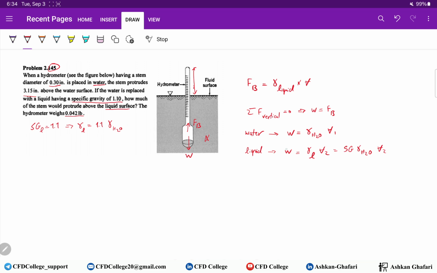Since the weight of the object is constant, not the part which is inside the water, gamma of water times V1 equals Sg gamma of water V2.